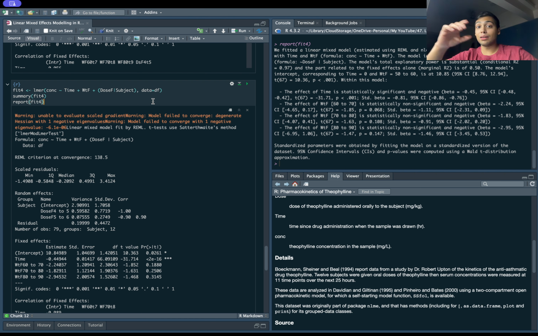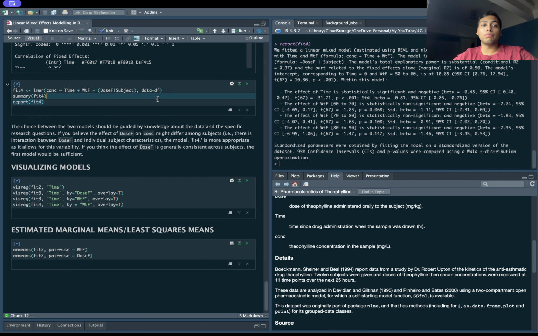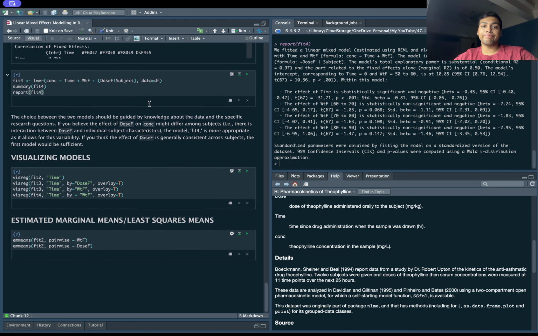Either increase the number of data points per dose and per subject, time, weight for each subject, or make a simpler model. So that's what we did. Make a simple model. Just include each subject as a random intercept. Don't make a nested mixed effects model. This was just to show how you would potentially approach such a question.